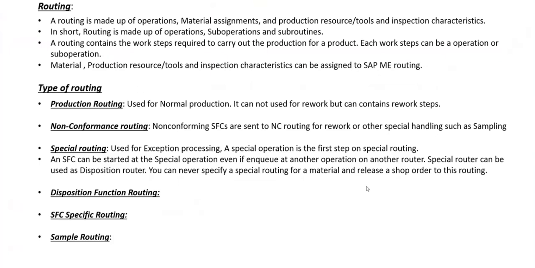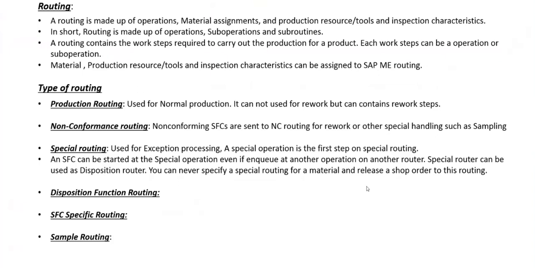So routing is nothing but your production line, where you have multiple operations that you are performing or executing to manufacture a product. In our example for engine manufacturing, we have already created all the operations that are required, and then we'll go for the routing creation.